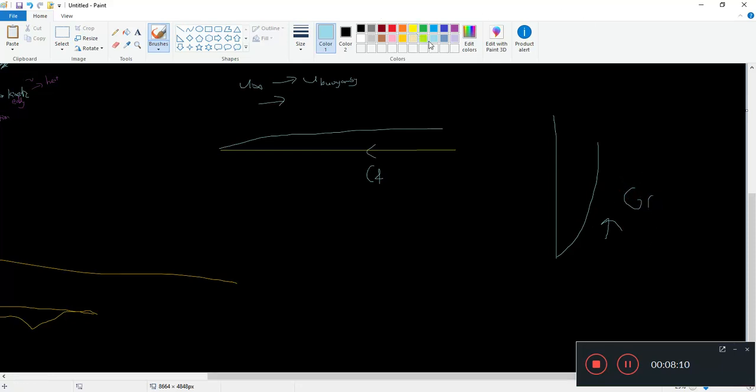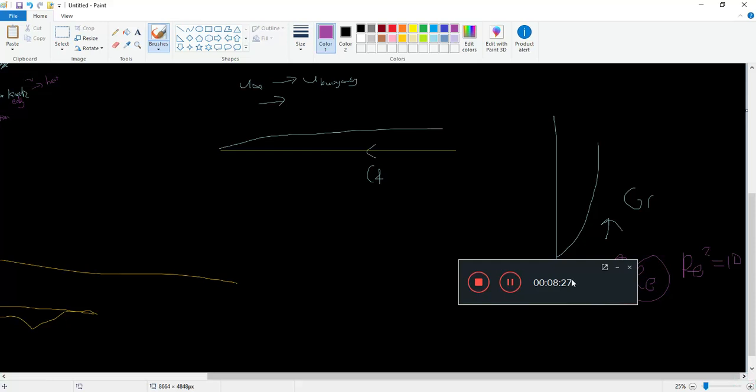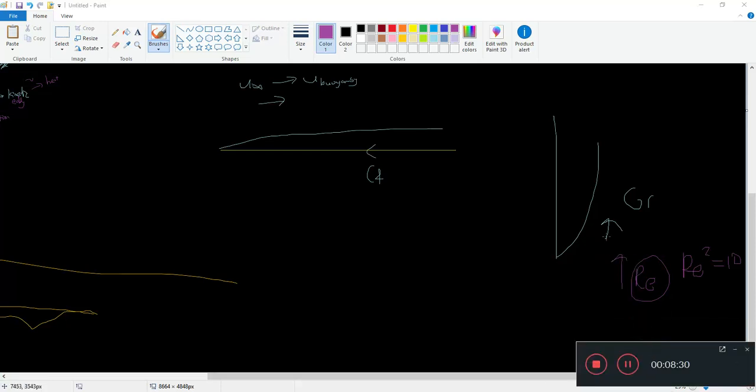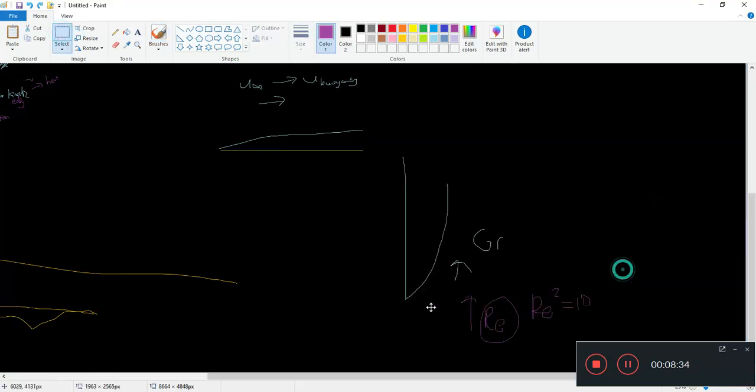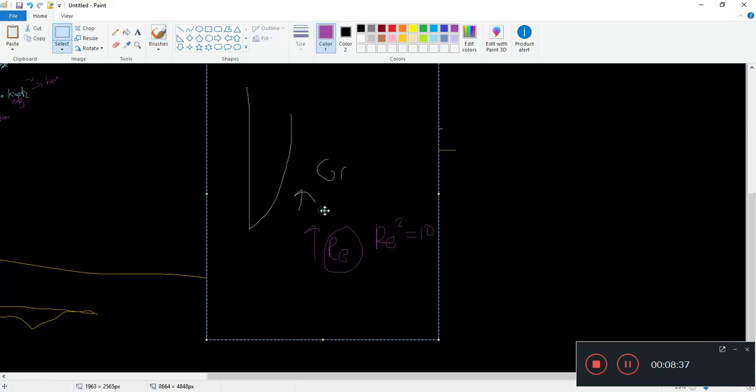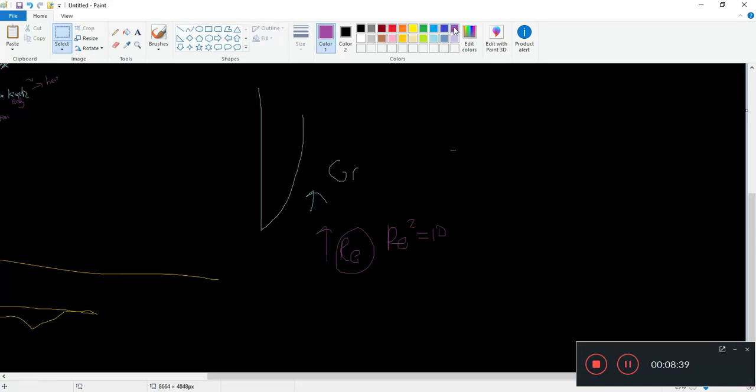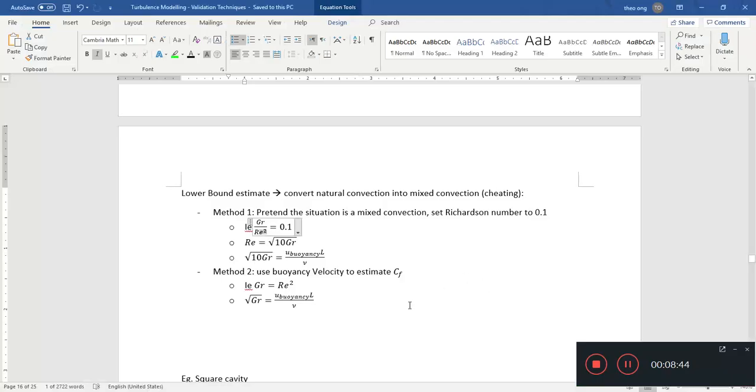What we are doing in the physical model is to have a Reynolds number, a forced flow that's going along with this Grashof number, and I say this Re squared is about 10 times the Grashof number. Okay, so that's the idea behind it.